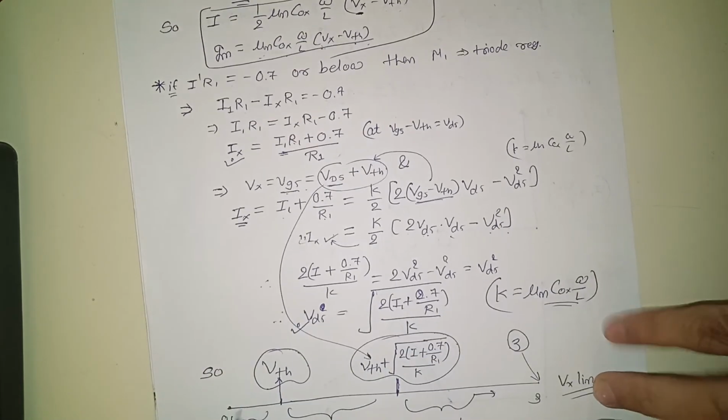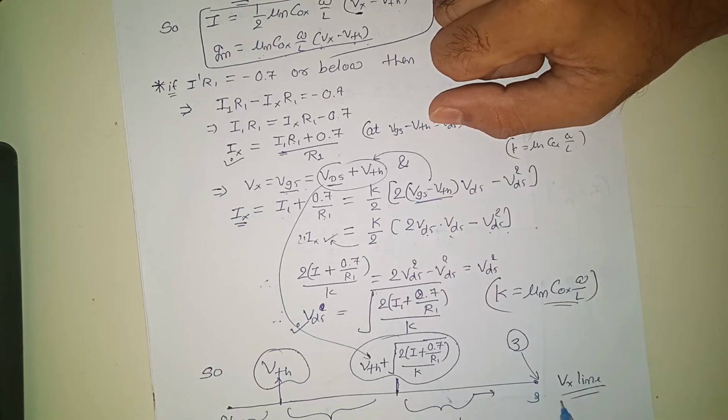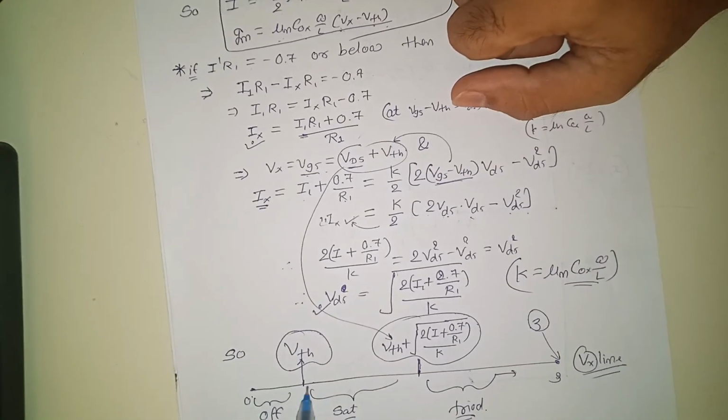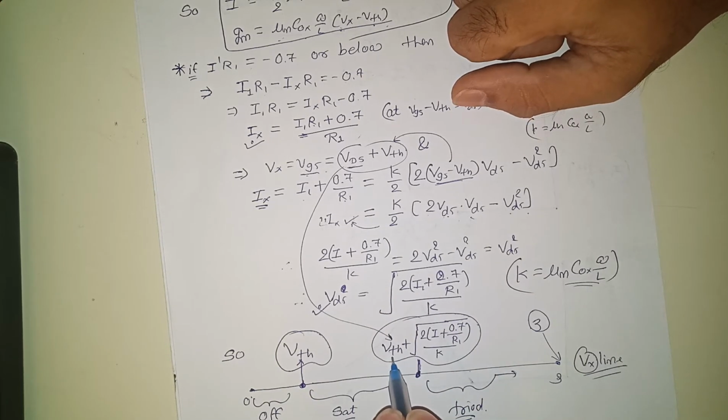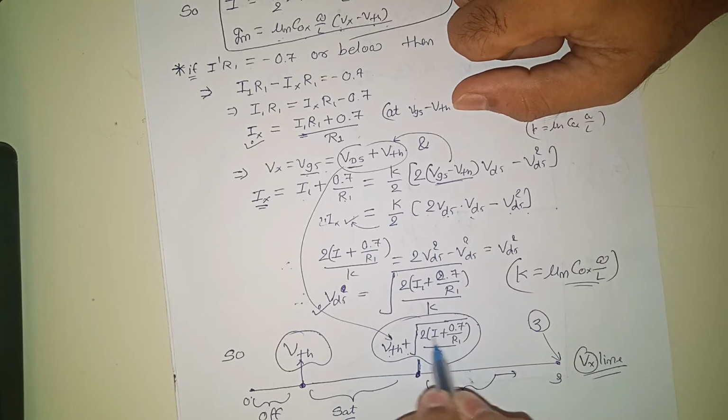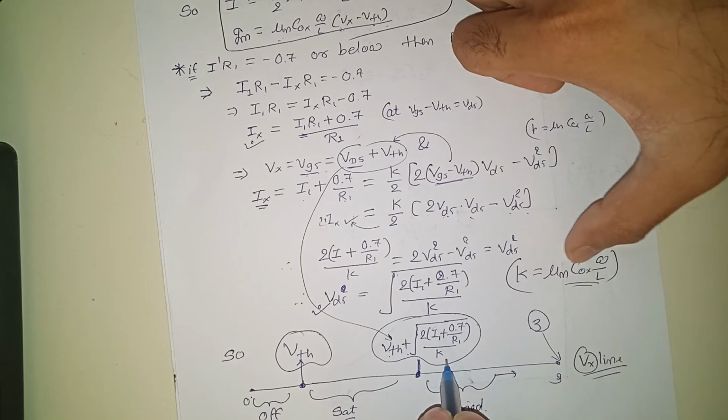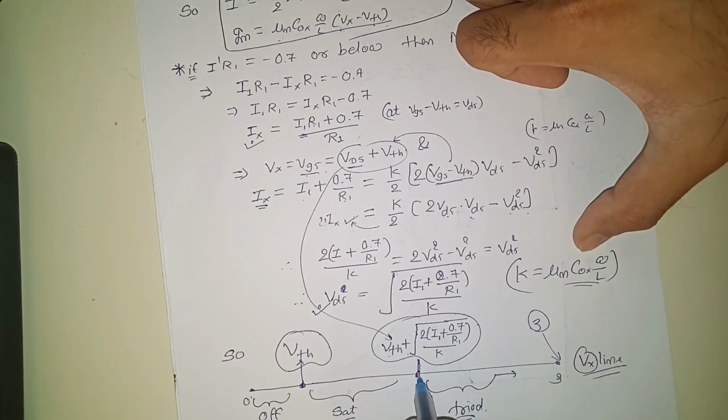Okay, so from 0 to 3 volts of Vx, from 0 to Vth the device is off, I is off. From Vth to Vth plus under root 2Ix by k, Ix by k is nothing but this. Up to that point your device will be in the triode region.